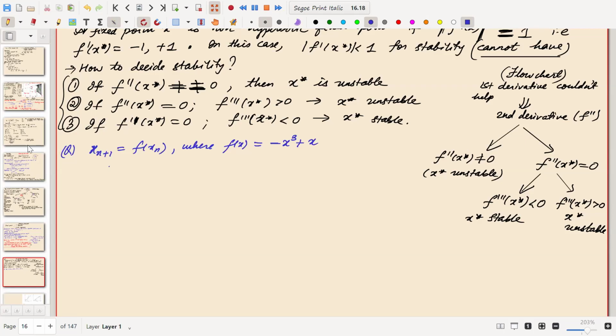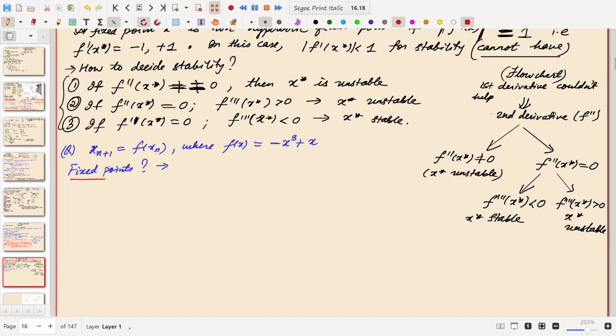Now, can you find the fixed points of the map? How will we solve this?